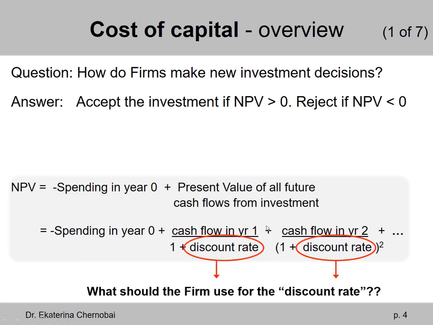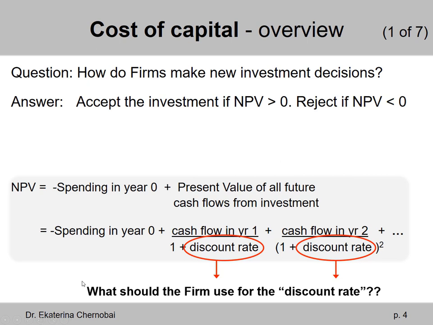The focus of this chapter is the discount rate. Up until now, it has been given to us. So the required return on similar investments is 10%, for example. We will no longer use some given number in our net present value problems.